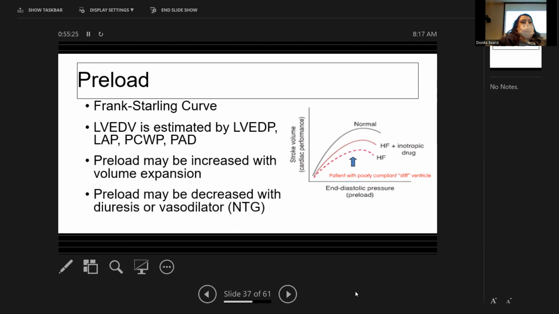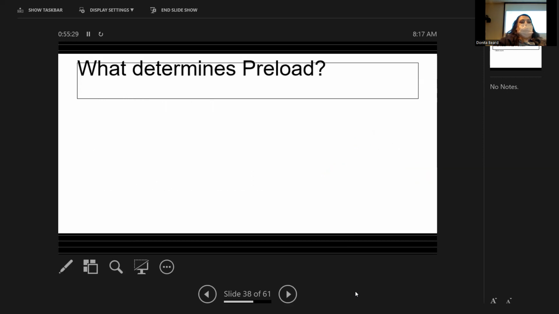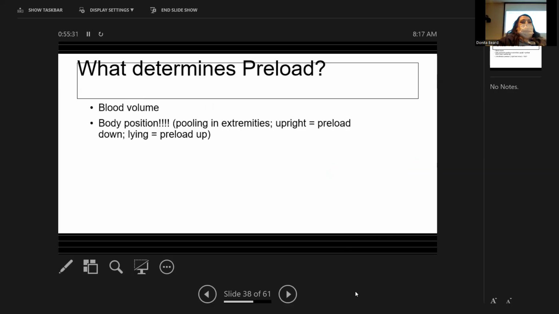We talked about that. So you can decrease preload with diuresis and vasodilators. So there are things that can be done in the ICU to help. Body position is a big one. When they're lying flat, their preload is pretty much about the same and pretty much up.